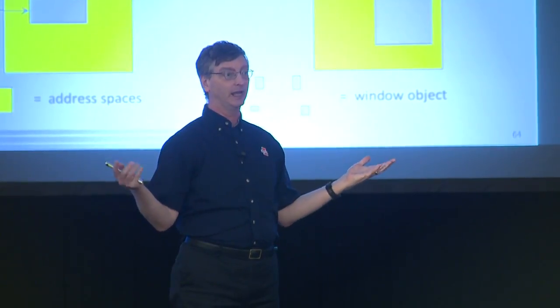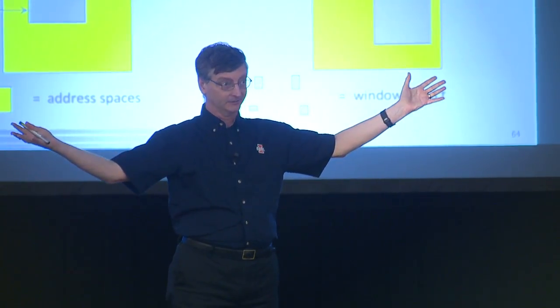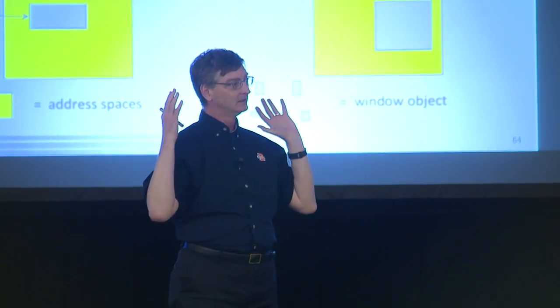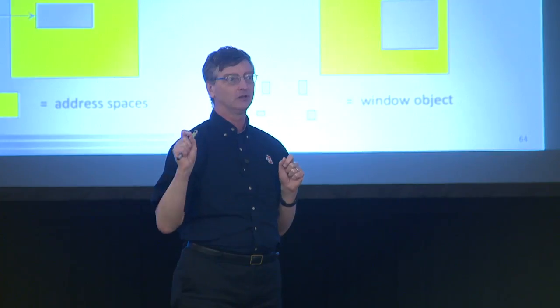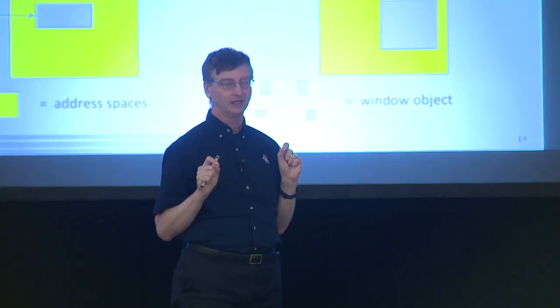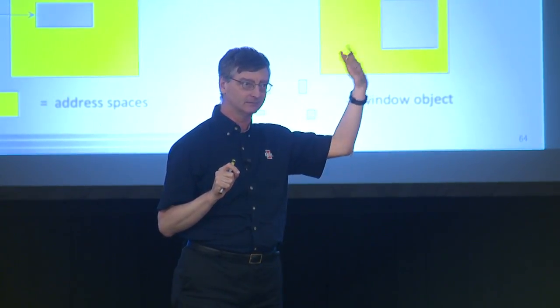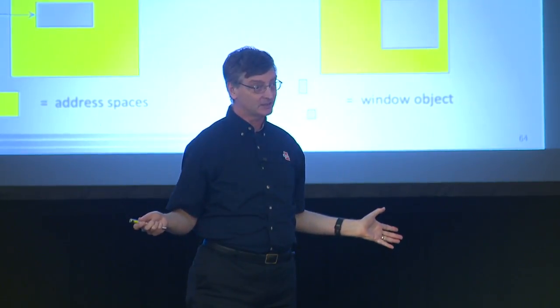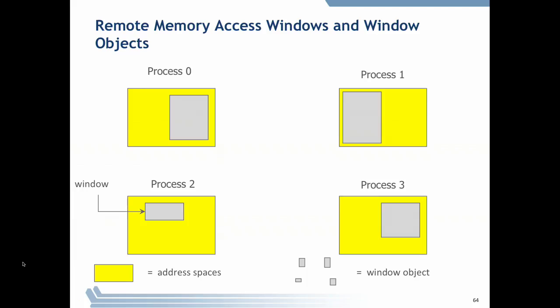Then I call win create collective over that communicator. And so what do I have at the end of that? Well, I don't have shared memory. What I have is an MPI win object, which is like a communicator, which will allow me to use a special set of routines, MPI win put, get, accumulate, and some other ones, to access from any process the memory on any other process that they gave.